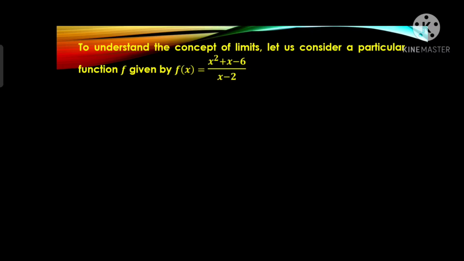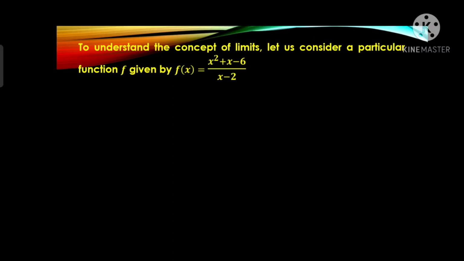So take note, when we make x approach 2, that is, when we substitute values for x which are becoming closer and closer to 2, but not necessarily equal to 2.